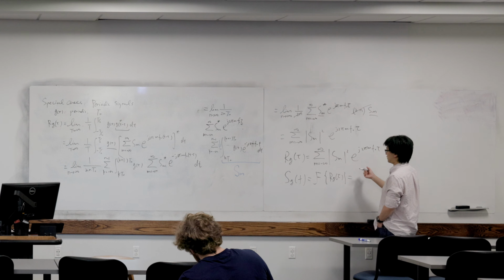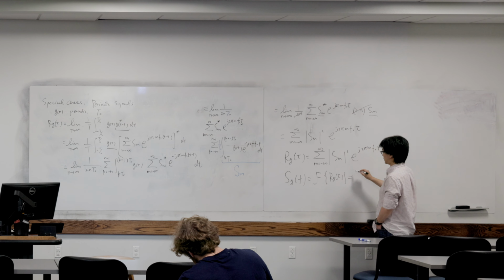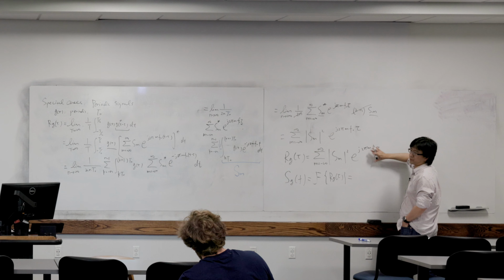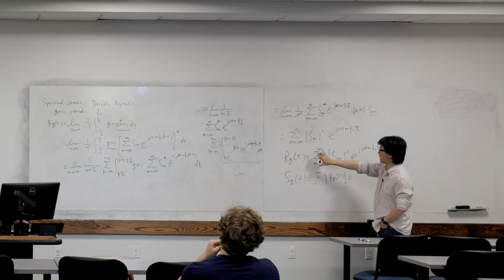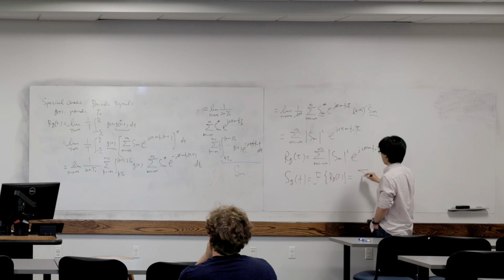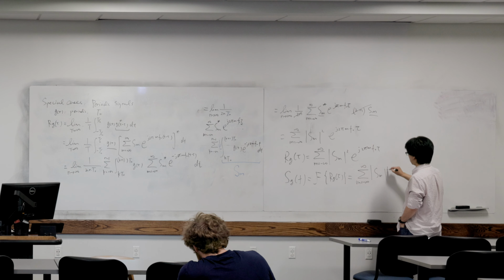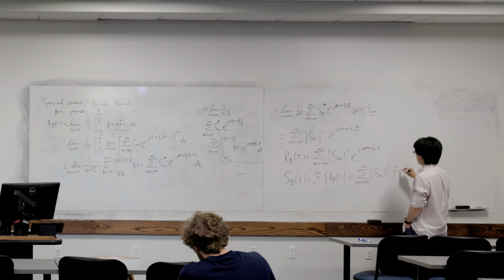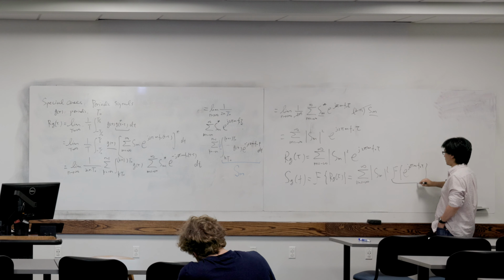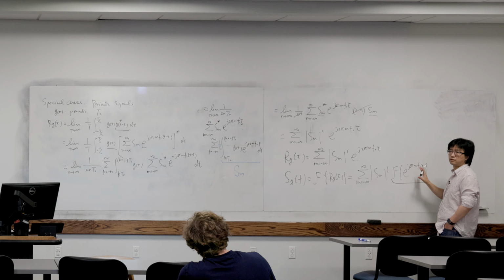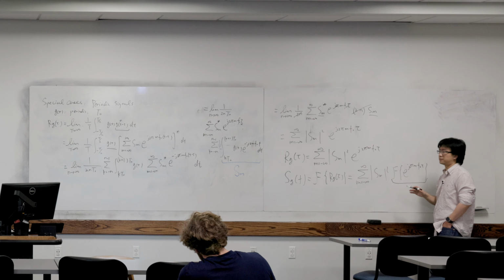Now it's the Fourier transform of this, right? Because of the linearity property of the Fourier transform, we just move the transform inside, and then we need the Fourier transform of this. What's the Fourier transform of a complex exponential?